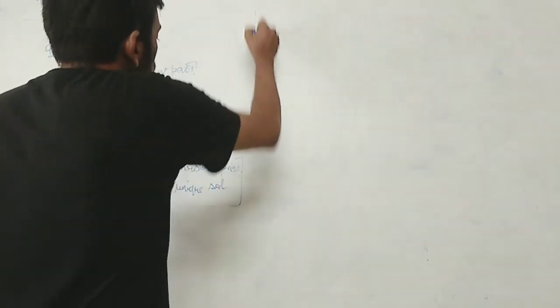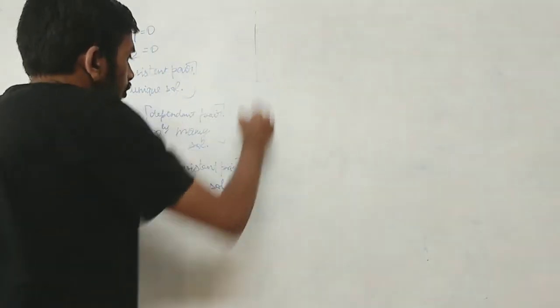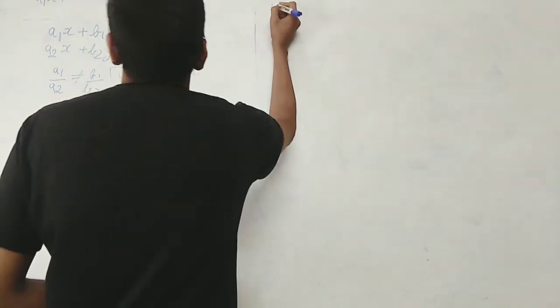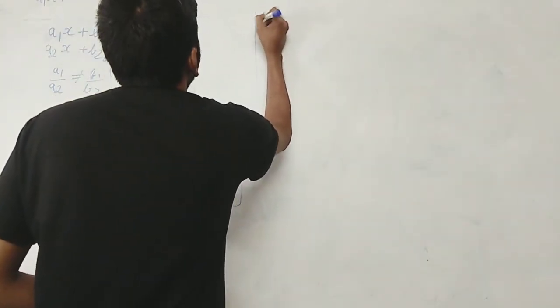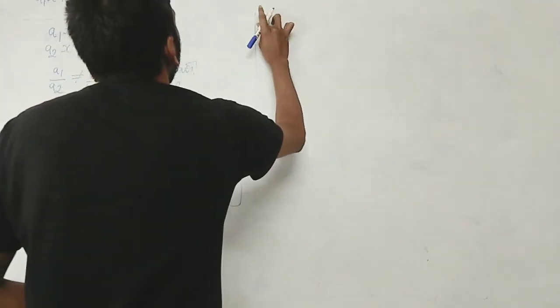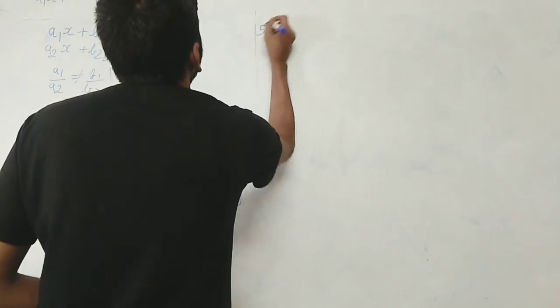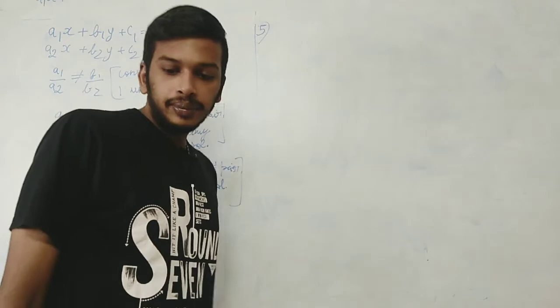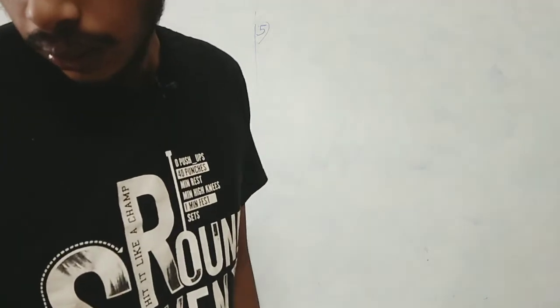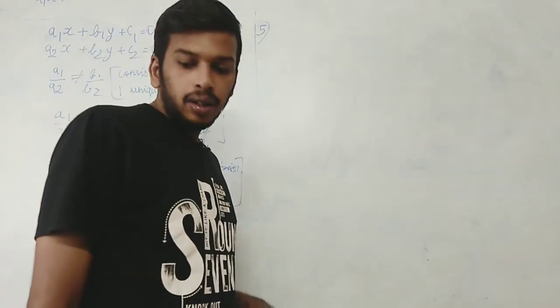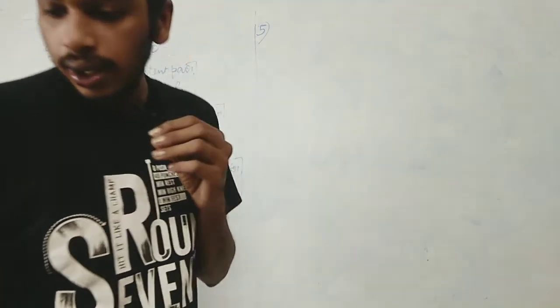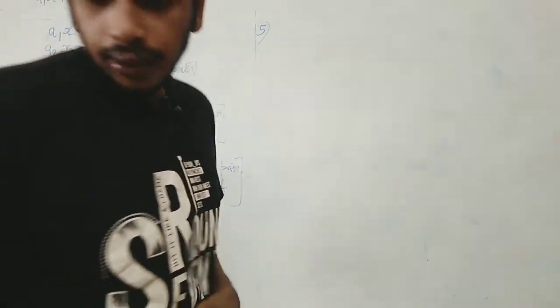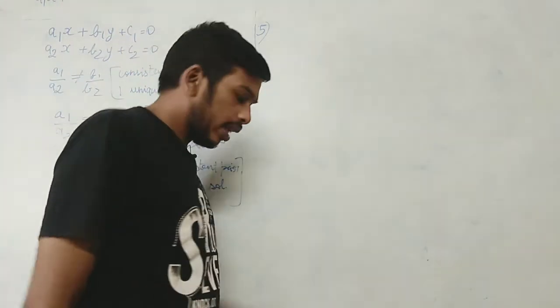Now let's get to the fifth problem in the NCERT textbook in exercise 3.2. The fifth problem says: half of the perimeter of a rectangular garden whose length is 4 more than its width.